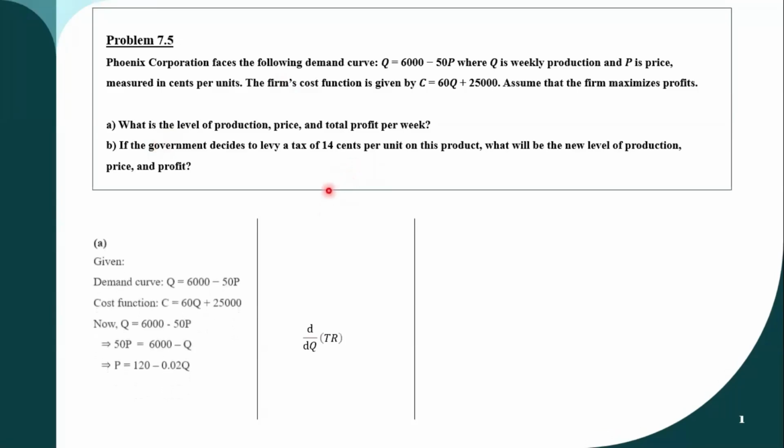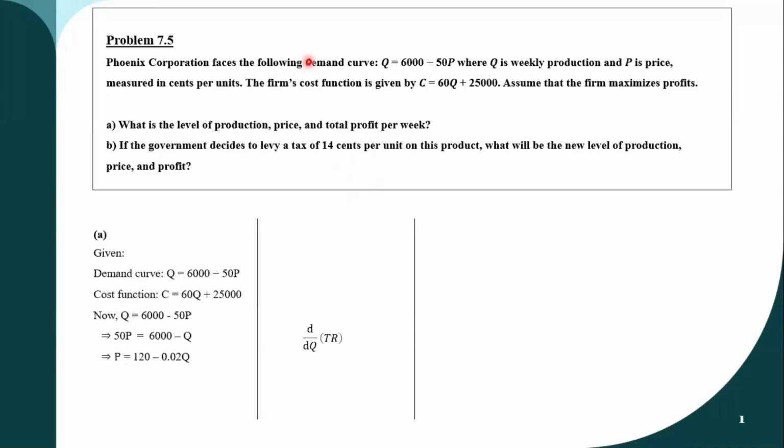Well, the given data are the demand curve Q equals 6,000 minus 50P and the cost function C equals 60Q plus 25,000. Now we can easily find the P function from the demand curve equation, Q equals 6,000 minus 50P.